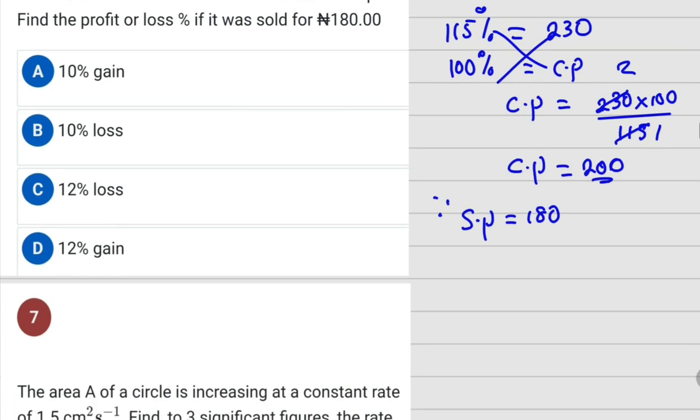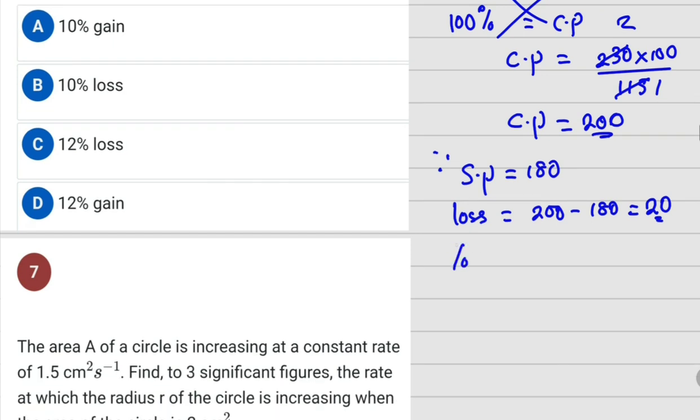Now, if you check it, the loss is going to be 200 minus 180, which is going to be 20. Remember, the cost price is 200. So if you want to find your percentage loss, it's going to be the 20 over the cost price, which is 200 times 100%.